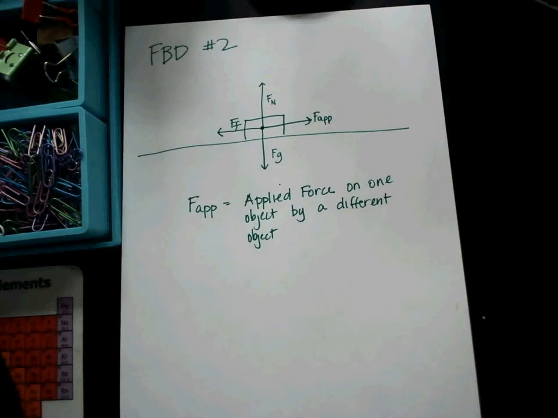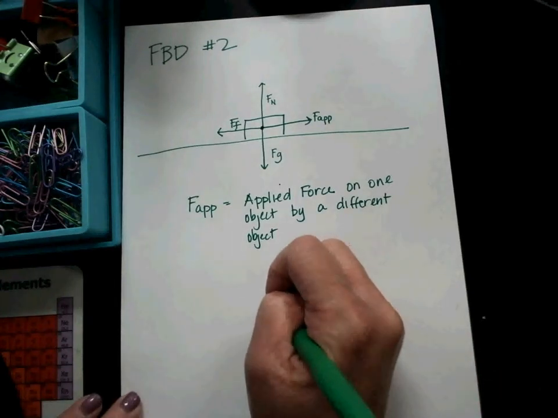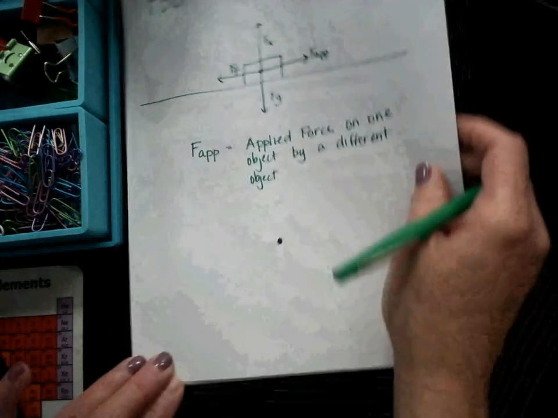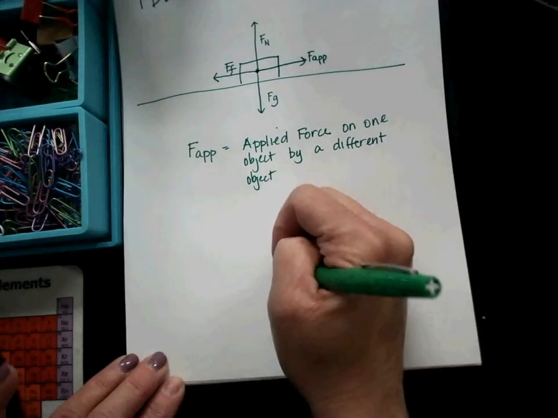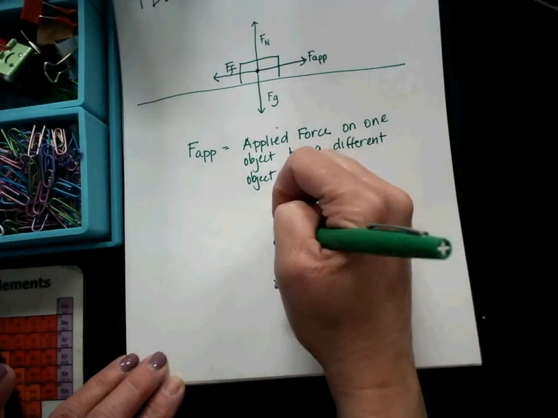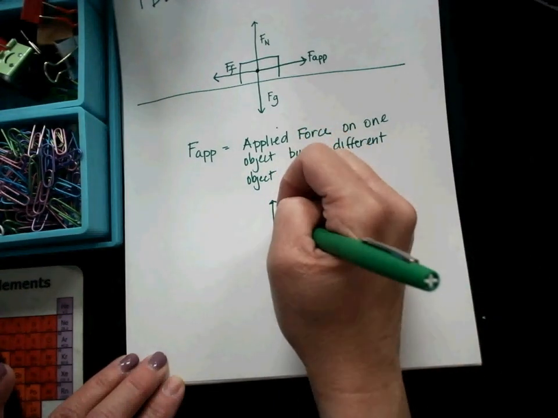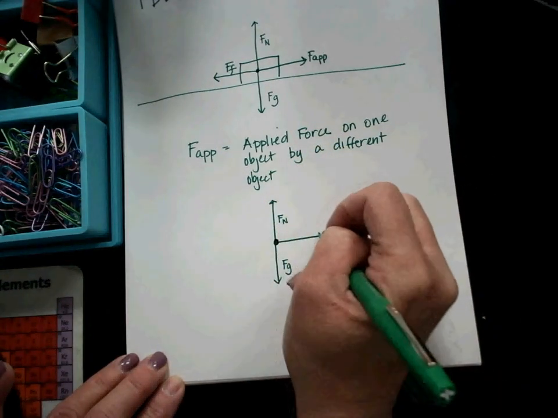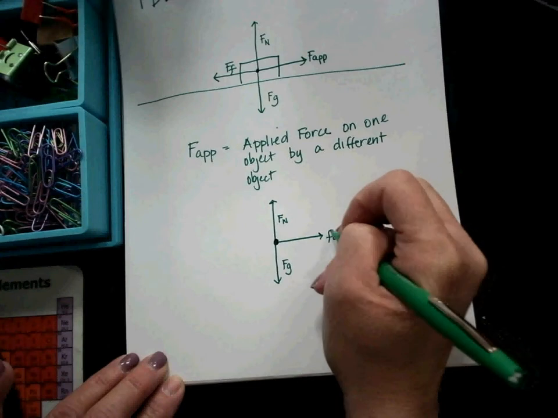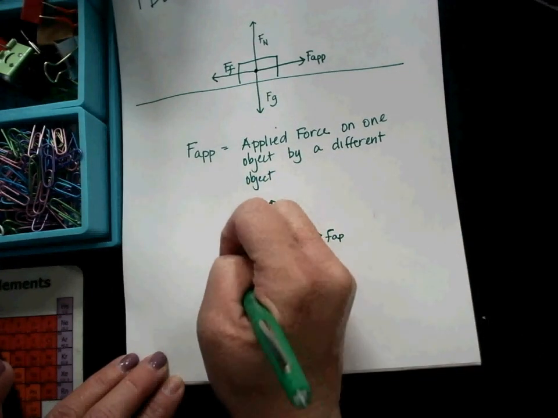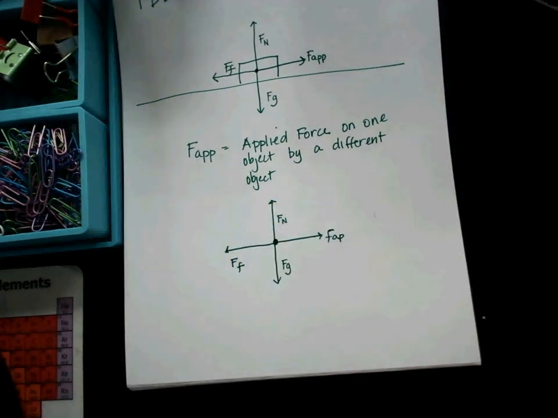If I were going to take this and make it a point diagram, I would simply draw my point, draw in my FG, be sure that my Fn is equal to it, my applied force, and my frictional force. So it essentially looks the same without the box.